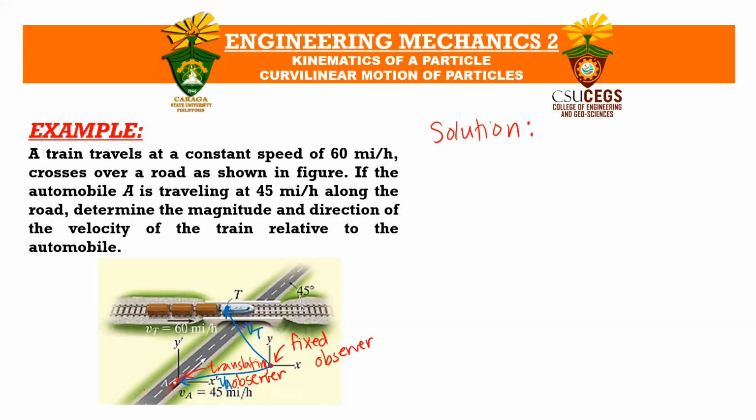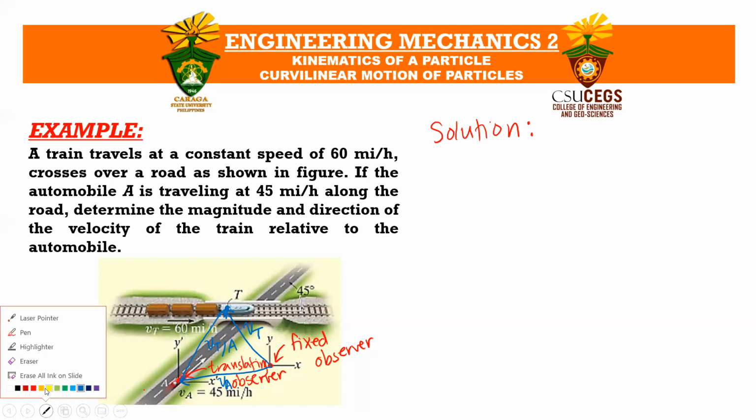And from the translating axis, which is located on your automobile, this vector will be denoted as the velocity of the train relative to A. Here we have a triangle, so we can apply vector addition.